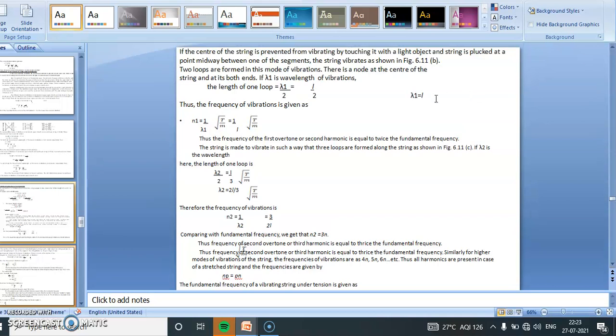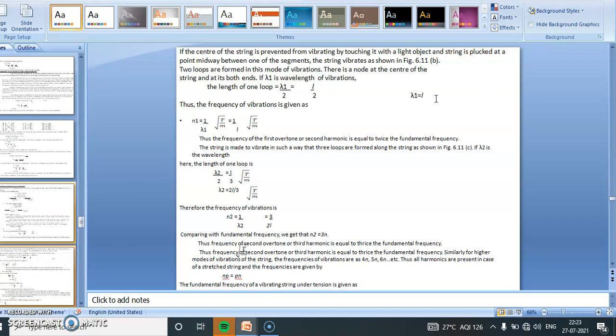Then, if the center of the string is prevented from vibrating by touching it with a light object and the string is plucked at a point midway between one of the segments, the string vibrates as shown in figure B. Two loops are formed in this mode of vibration. There is a node at the center of the string and at both ends.